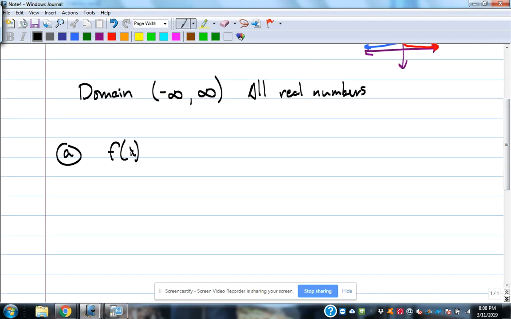f of x equals 4 to the x. If we wanted to graph this, we could pick some x values, plug them in, and make a table.